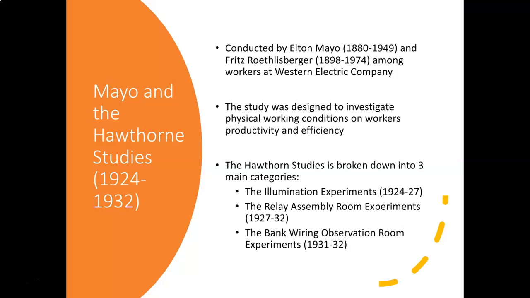The Hawthorne studies are broken down into three main categories. The first is the illumination experiments, which lasted 3 years, from 1924 to 1927. The second is the relay assembly room experiments, which lasted 5 years, from 1927 to 1932. The third is the bank wiring observation room experiment, BWOR, which lasted 1 year.